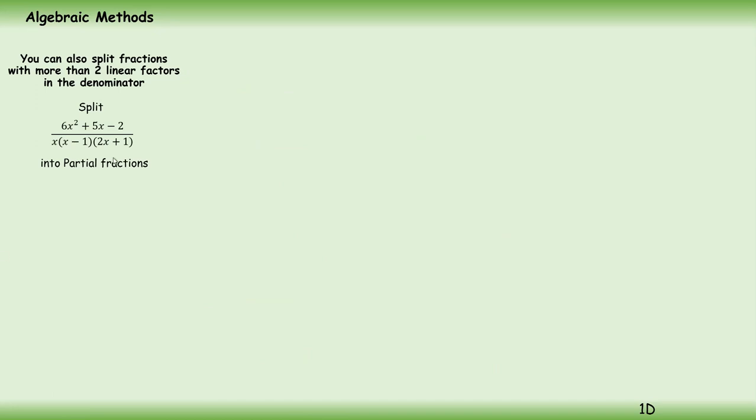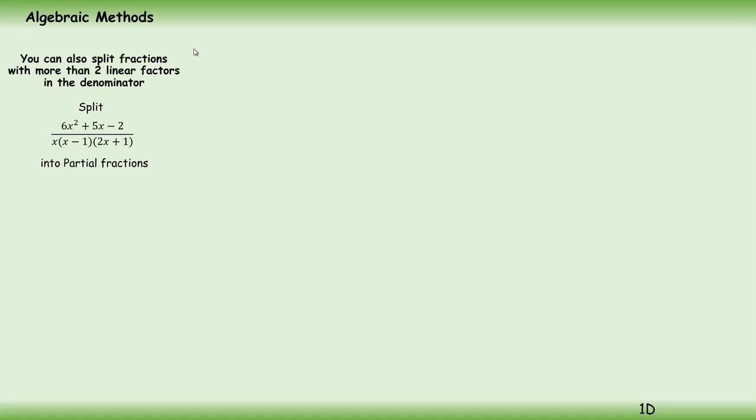Right, I've got another example. This time it's a bit more involved. We've got (6x squared plus 5x minus 2) divided by x times (x minus 1) times (2x plus 1). So let's write it out and then we can work through it.